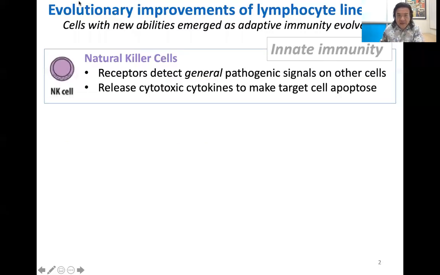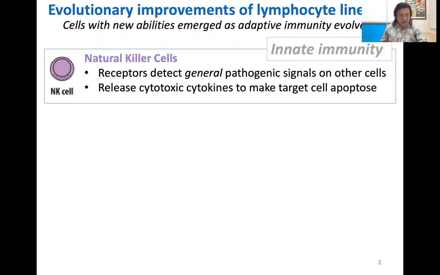All right, let's begin by just thinking about comparing natural killer cells with B cells and T cells. We've done this on and off as we've learned about these closely related lymphocytes.